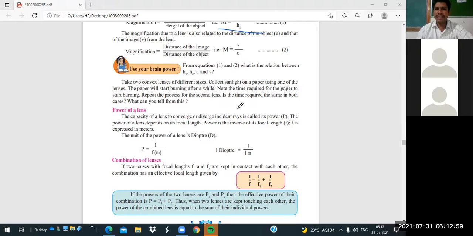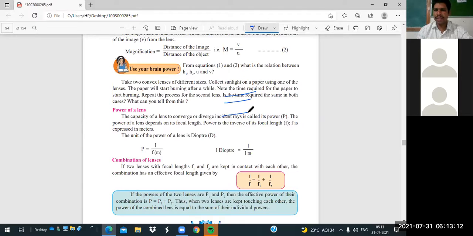The capacity of a lens to converge or diverge light rays is called its power. What is meant by the capacity of a lens to converge or diverge? Either it will converge. Suppose these light rays are coming, this is our lens, and they are converging like this at one point.